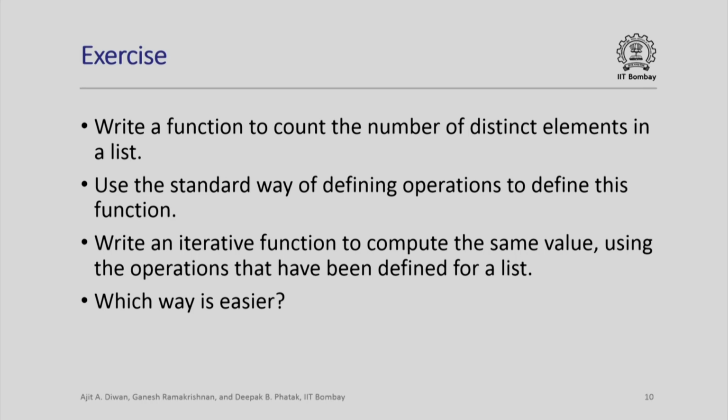Right. You can try to see which way you find easier of the two. Both of them are ways of defining this function, but some ways are more convenient than others for different functions.